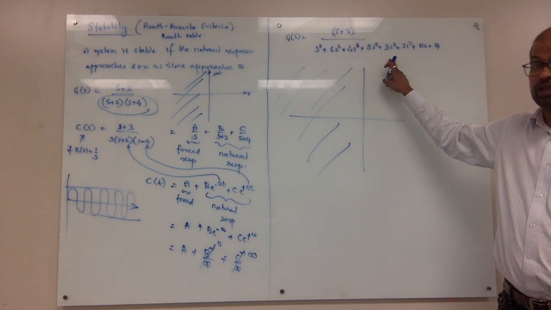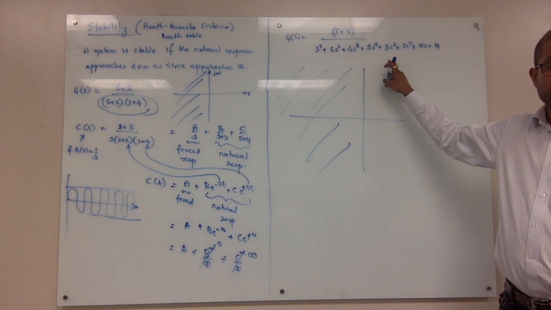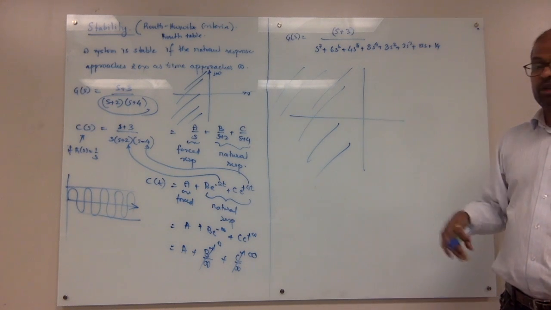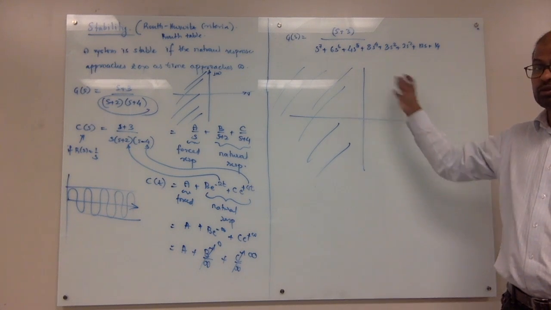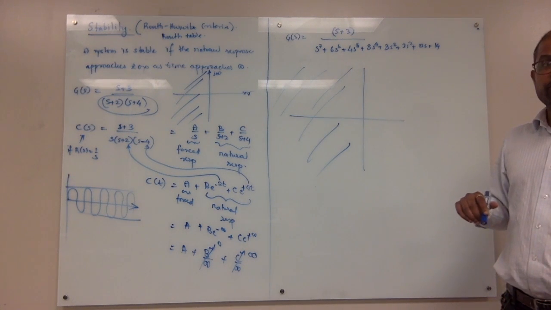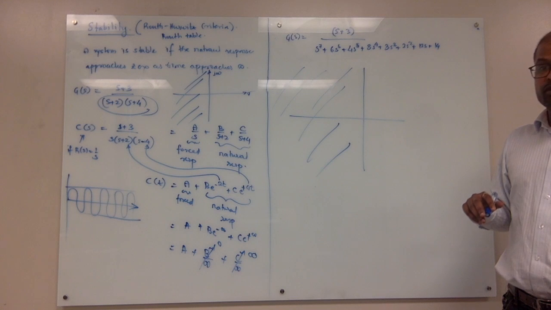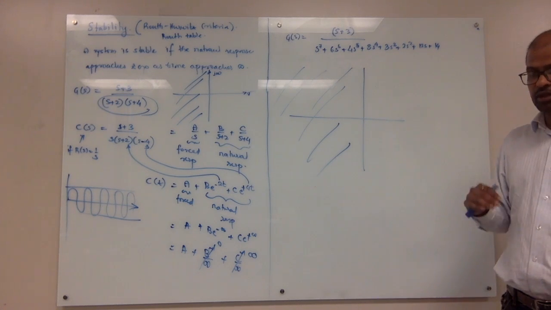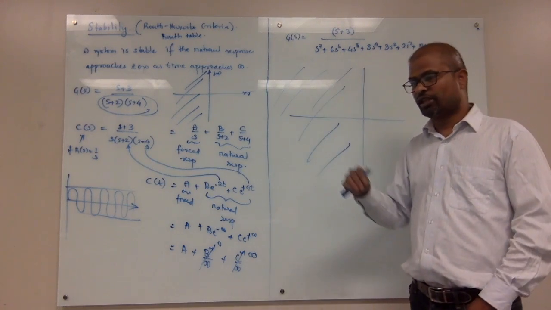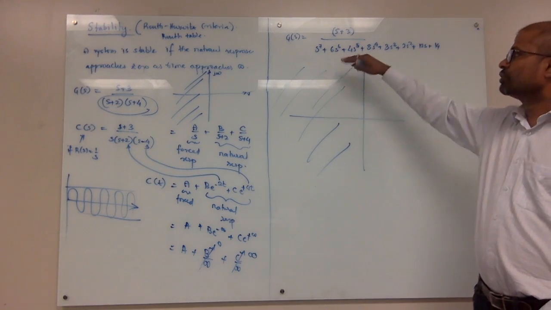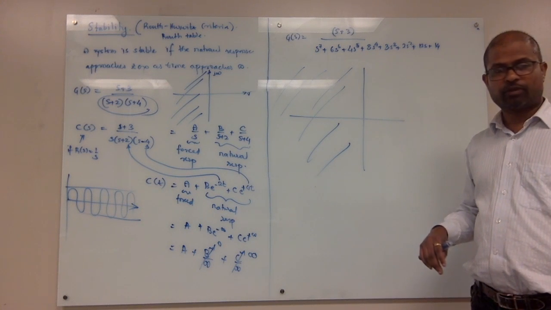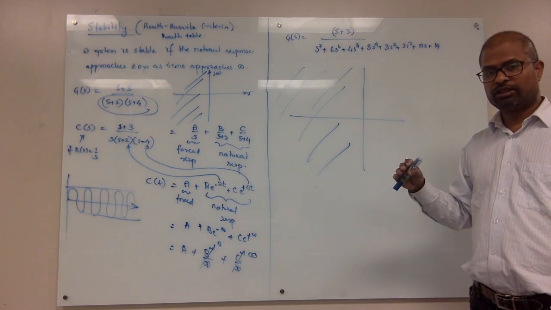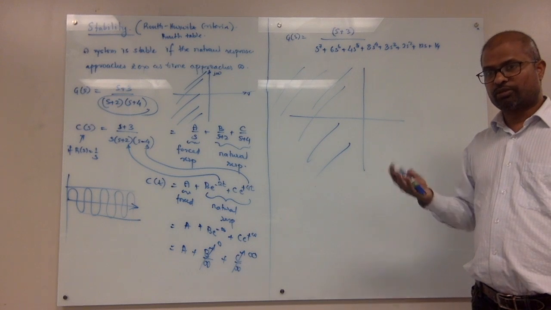Practical systems can sometimes be hundreds of orders, and that's when it becomes difficult to find the roots. It's a very tedious job to find the roots by hand. So Routh and Hurwitz developed this nice technique where you construct a table, and from how the table develops, you can figure out if the system is stable or not.